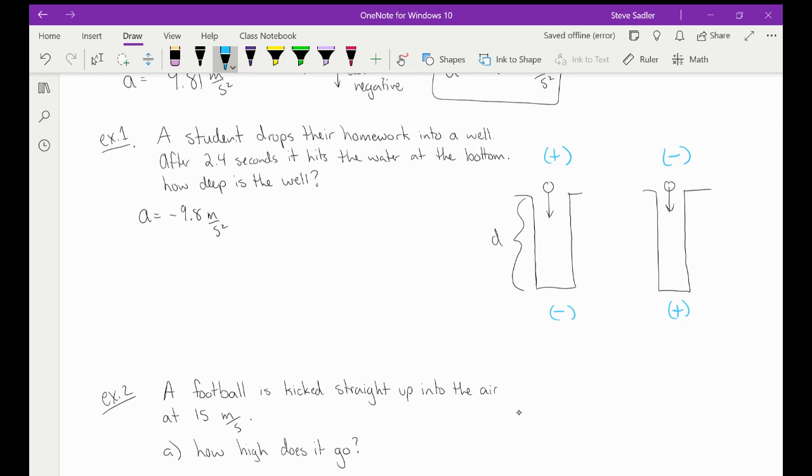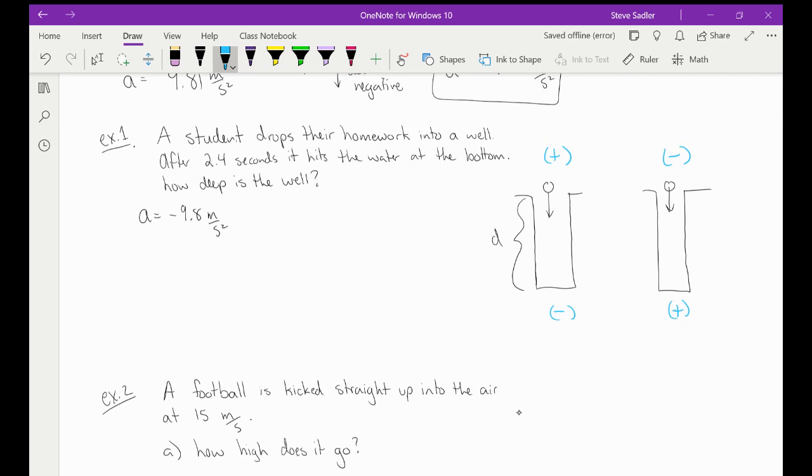The homework is falling downwards. There's nothing else happening. So if you make downwards positive, as long as you stay consistent, you're going to get the same answer no matter what. If you feel comfortable with that, do that. If not, we'll stick with making downward negative and upward positive.